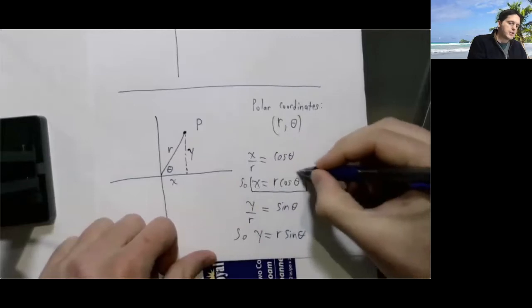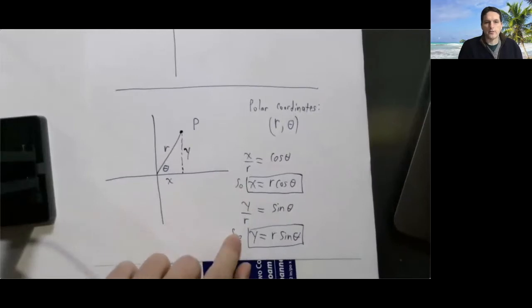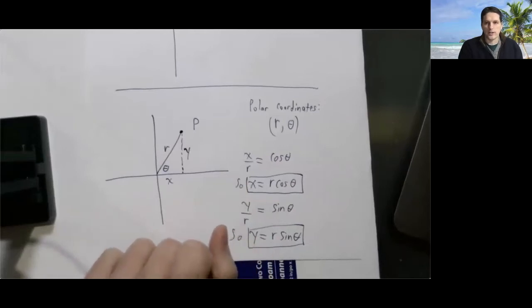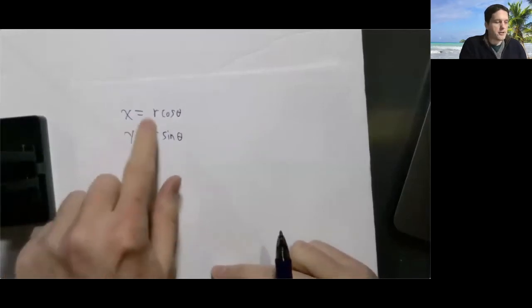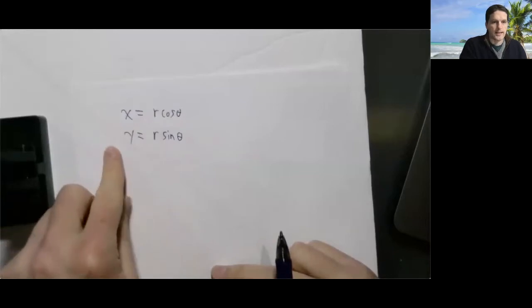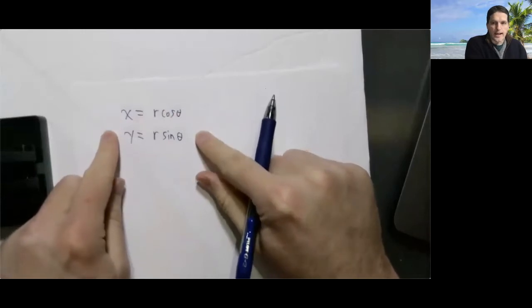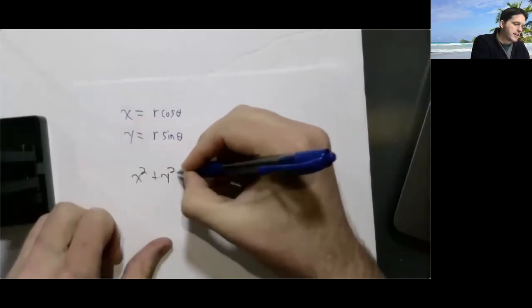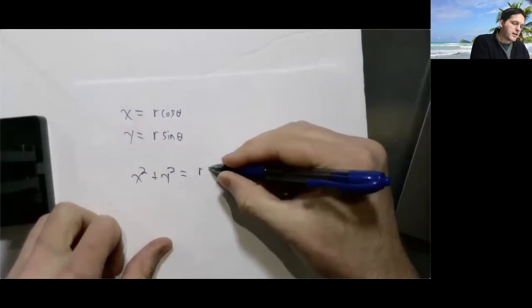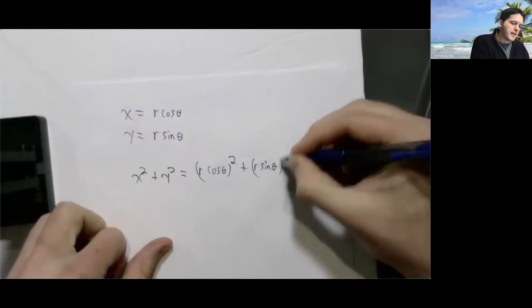So these two equations tell us how to compute x and y, the rectangular coordinates of P, if we're given r and theta, the polar coordinates of P. Now suppose on the other hand, we're given x and y, and we want to compute r and theta. If we square both sides of both of these equations and then add the resulting equations together, we get x squared plus y squared is equal to (r cosine theta) squared plus (r sine theta) squared.